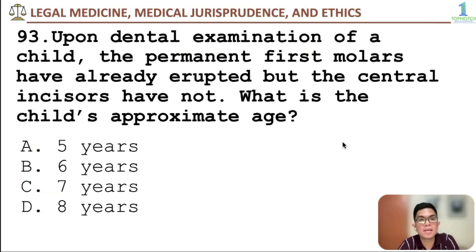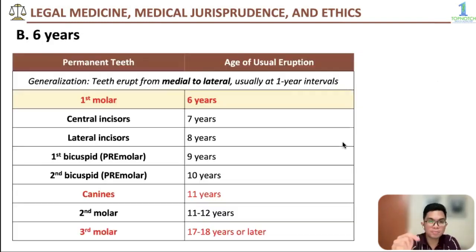Sige, next question tayo. So first molars na permanent teeth lumabas na sa child. So what is the approximate age? That's your 6 years. Okay? So remember that the first molar is the first permanent teeth to erupt, and they erupt at 6 years. Okay? And then the rest, generalization, is the teeth erupt from medial to lateral at 1 year intervals.